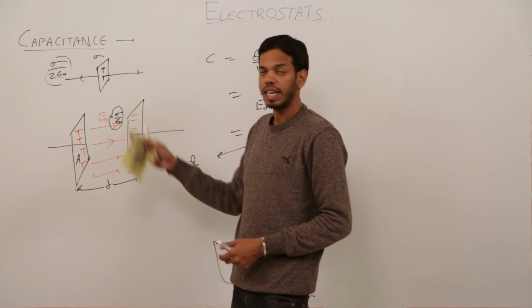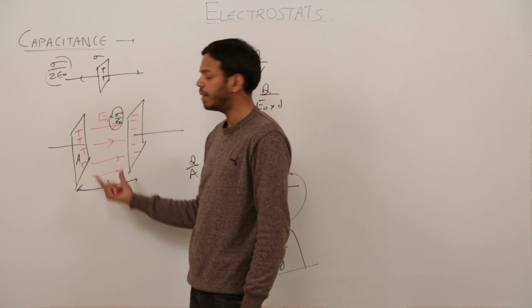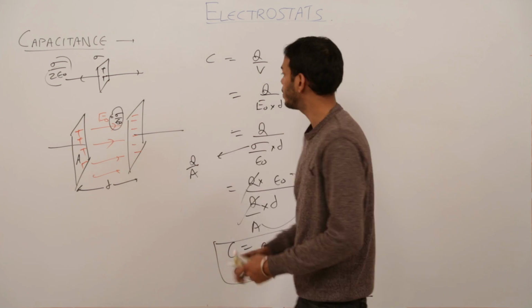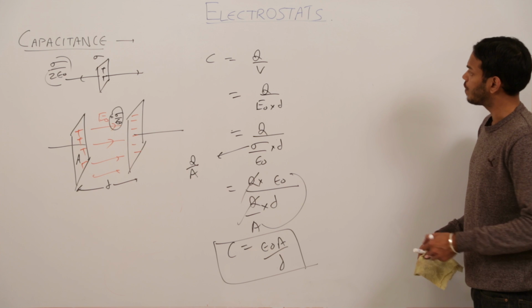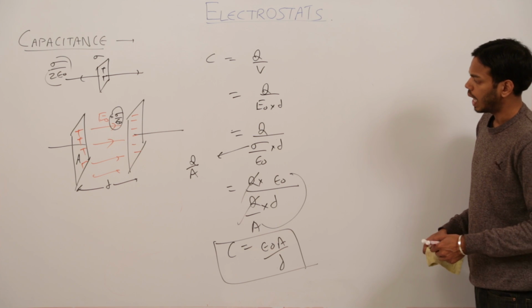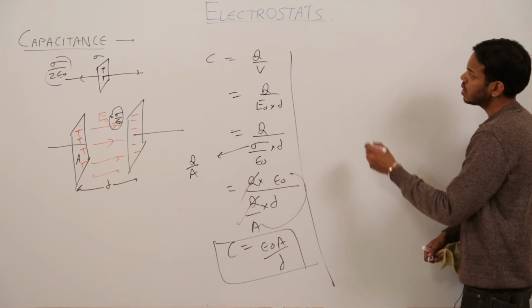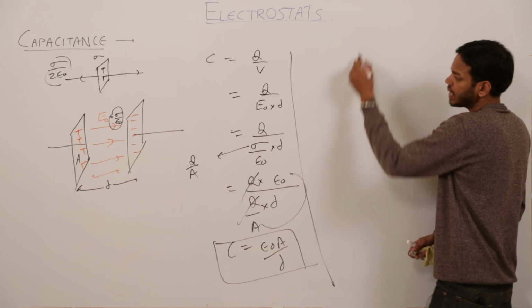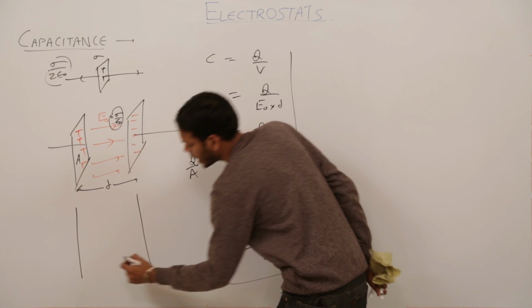Now the formula will get modified if the medium between the plates is replaced by some other medium. Suppose I am representing my plates like this. These are the plates.